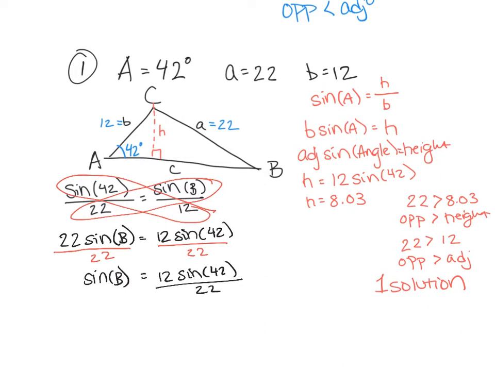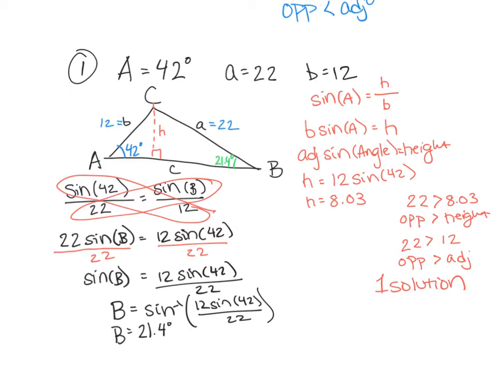And then in order to get B by itself, we have to use sine inverse on both sides. So our angle B is equal to sine inverse of all of this. And when I plug this into a calculator, please remember to round to the first decimal place for angles. That is going to give us 21.4 degrees. So I'm going to go back and write that in my triangle.